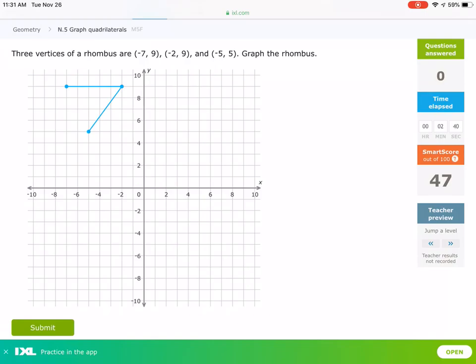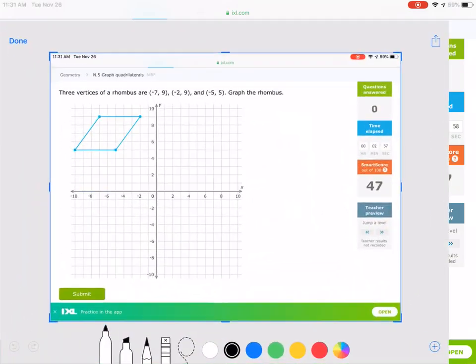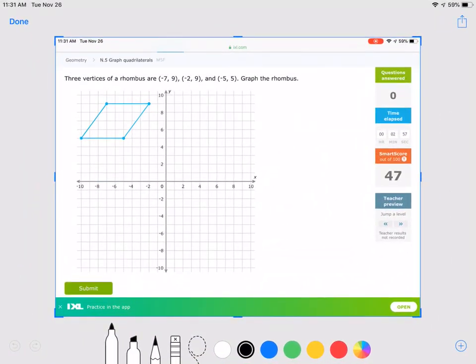That's 5 long. So the opposite side has to also have length 5. So it would have to be at this point.